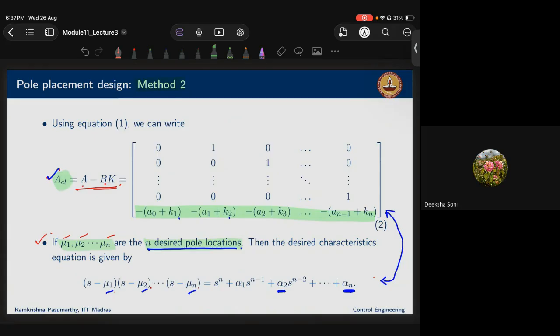So that is the first thing. Next, our desired poles are mu1, mu2, up to mu_n. So what do we do? We take the same expression. What is that expression? Det of sI minus A plus Bk, which is equivalent to (s minus mu1)(s minus mu2) and so on up to (s minus mu_n).